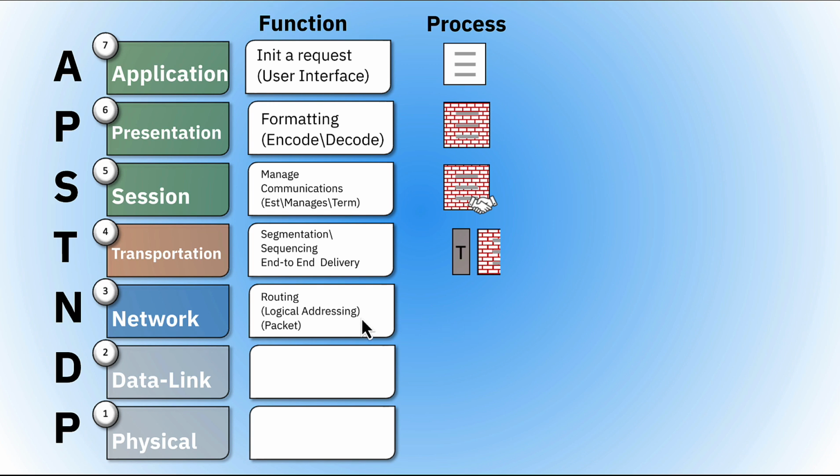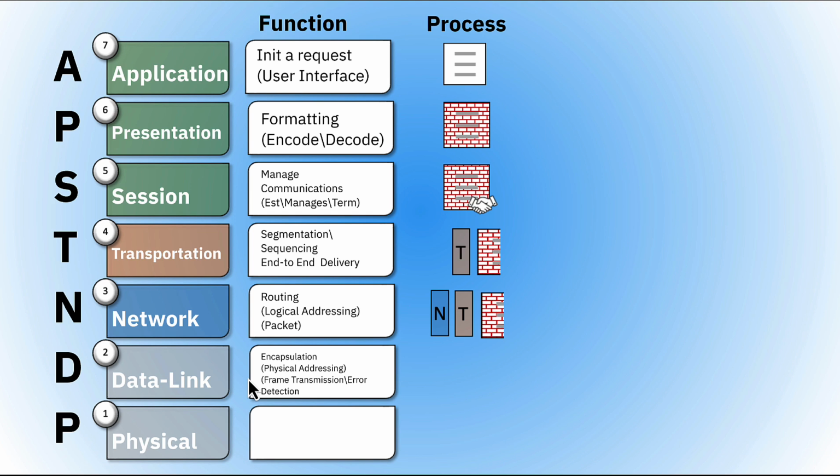Next part is going to be the network layer. The network layer is used for routing and logical addressing, and this is basically the foundation of a packet. So now we add this particular header to that. Next we have the data link layer, and this is for encapsulation and physical addressing, because one other thing that works on the data link layer is the MAC address.